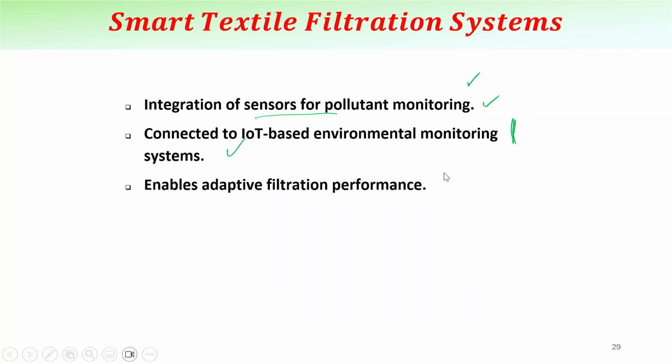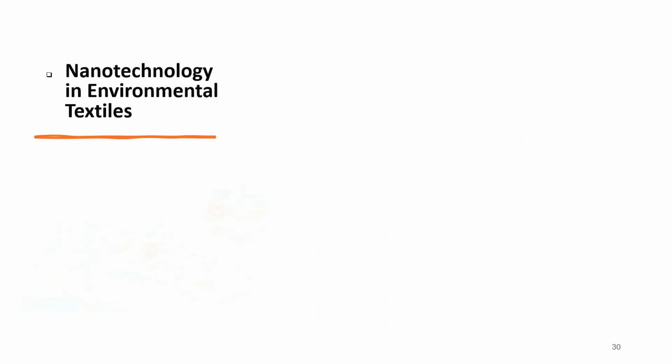So, adaptive filtration performance can change. It can change the activity level, or different reactive groups can be activated, or maybe it can monitor the pressure drop. So, different types of smart integration can be done within the textile material.